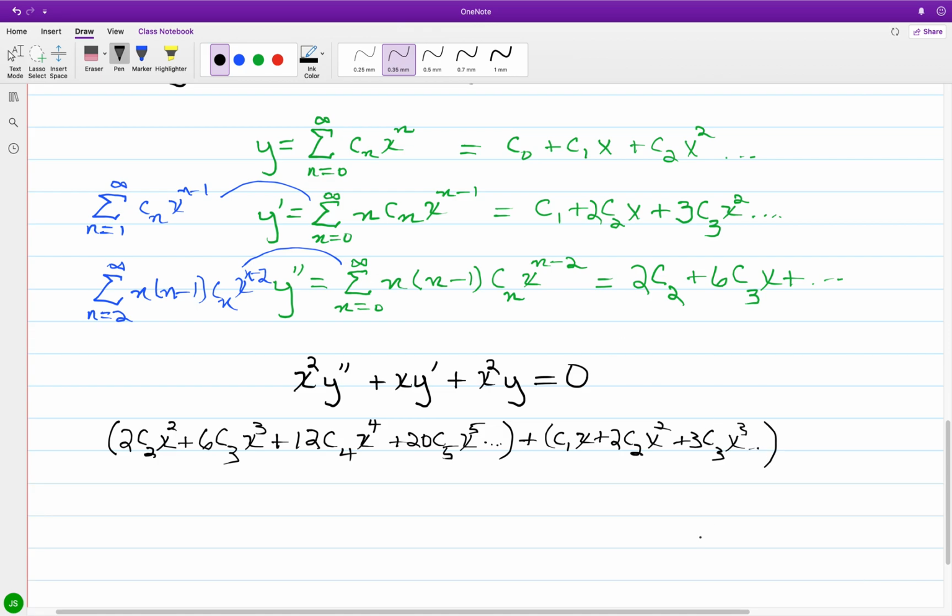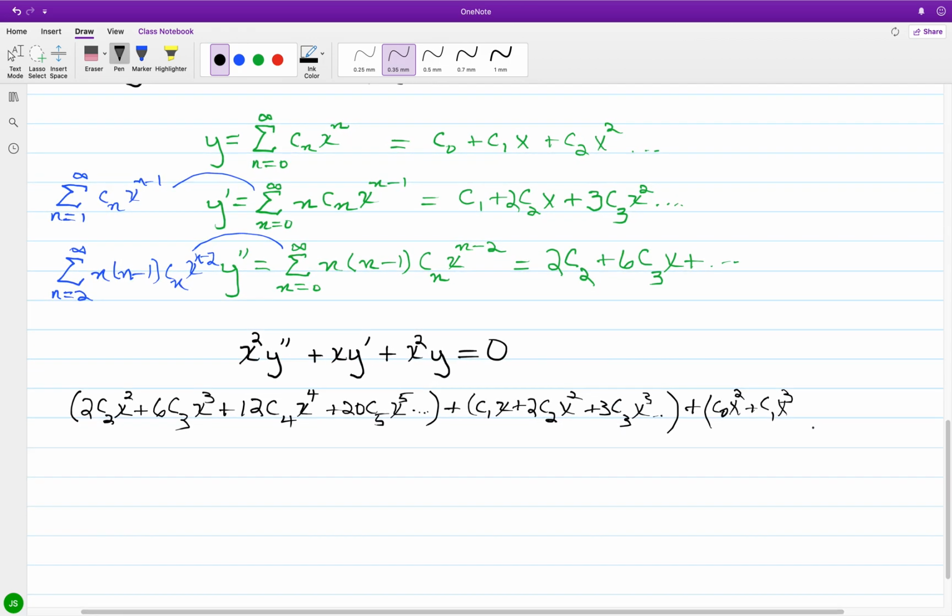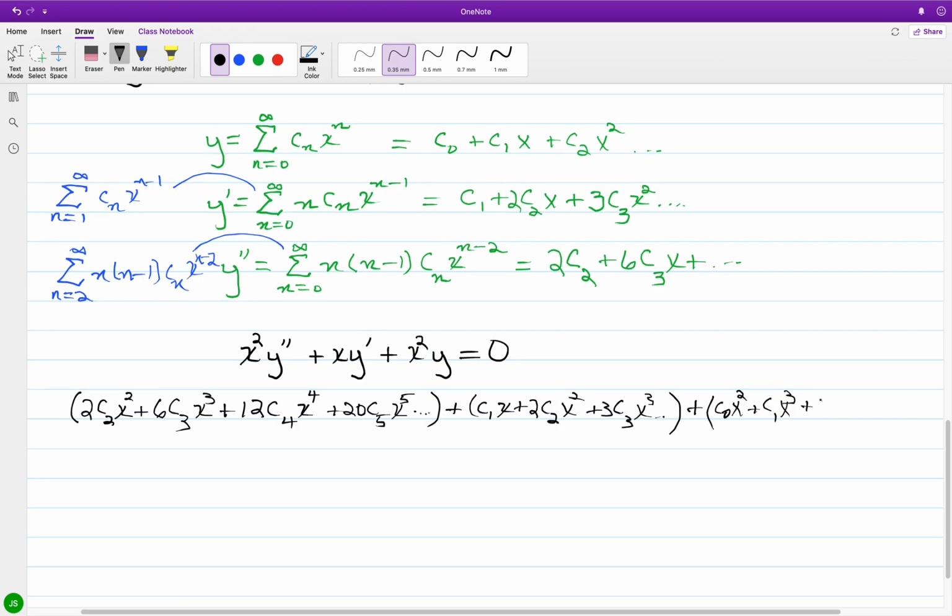And for x squared times y, you have c naught x squared plus c1 x cubed plus c2 x to the fourth, and we have this equal to 0.